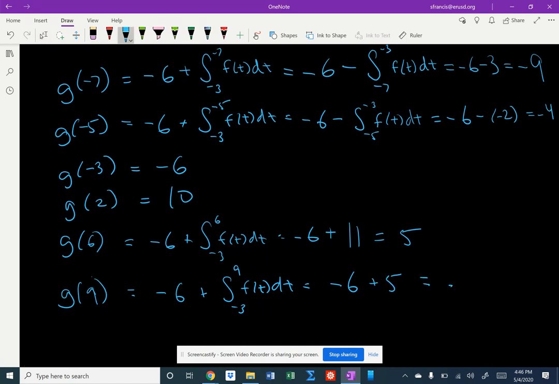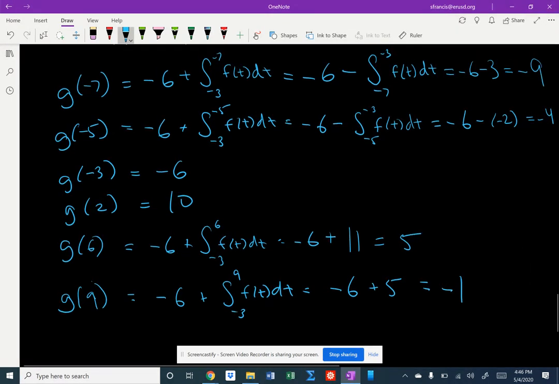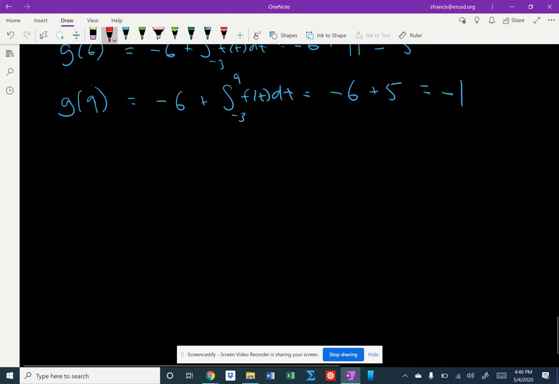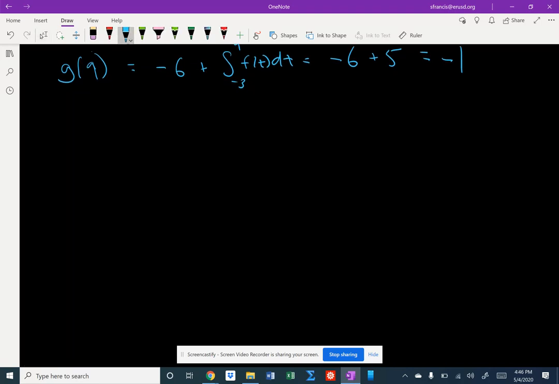And so that works out to be -1. And so at this point, you just have to look and say the max is this and the min is that. And if you notice, the min is this -9 that we had back over here, and the max is this 10. All you have to do is write that out, and you get the full credit.